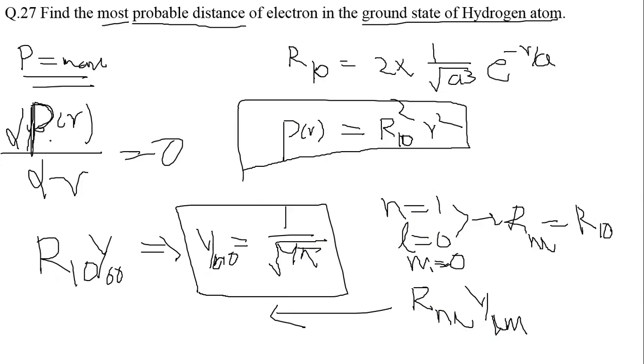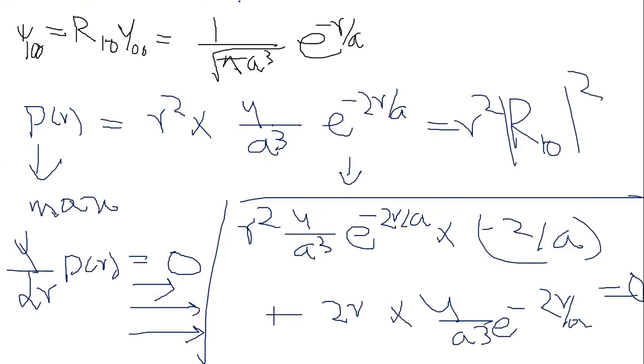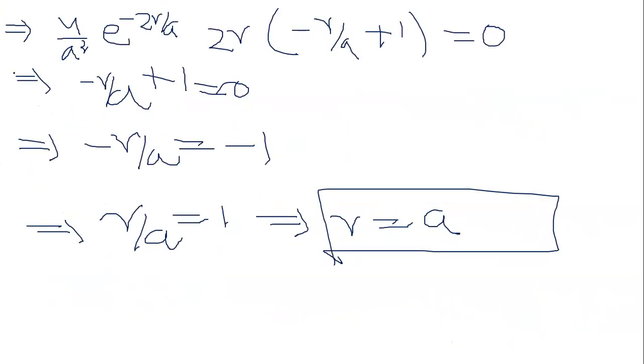Since we are equating the derivative to 0, it gives the most probable distance of the electron. So the most probable distance of the electron in the hydrogen ground state is a, where a is the Bohr radius, and its value is roughly 0.53 Angstrom.